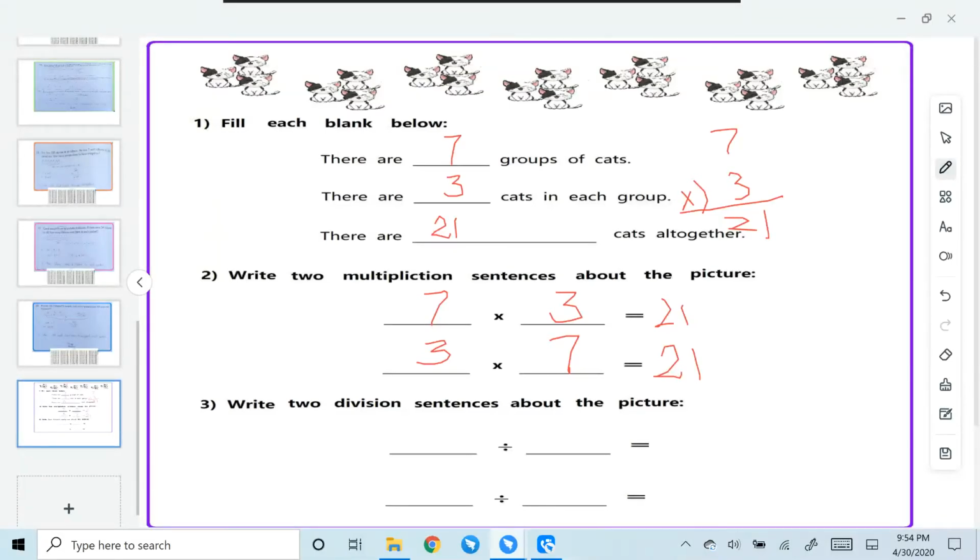So you put the biggest number there, the total amount, 21, divided by, shared by 7 groups equals 3 in each group. Or you can say 21 shared with 3, each 3 cats, you get 7 groups.